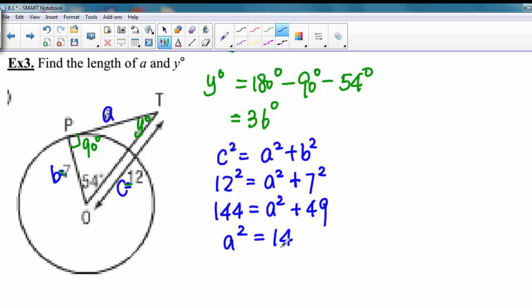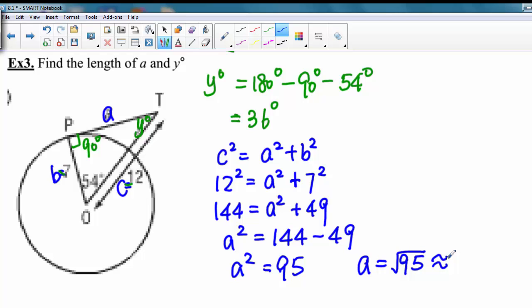So A squared equals 144 minus 49. A squared equals 95. If I want to find A, I need to take the square root of 95. So the square root of 95 is around 9.75. Therefore, the missing length, which is the length of PT, is around 9.75 units long.